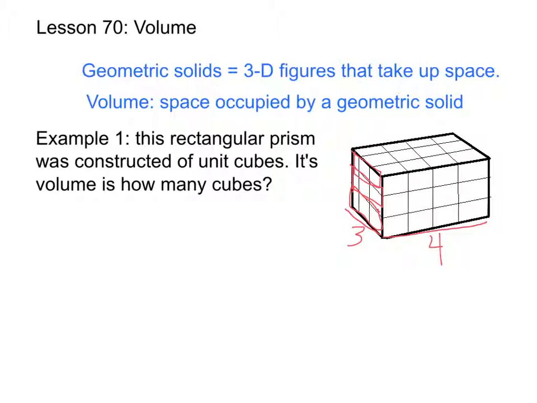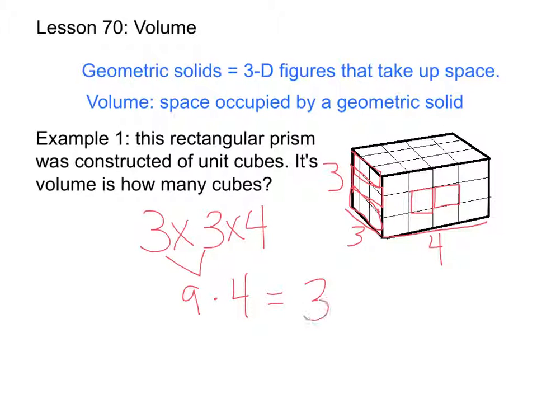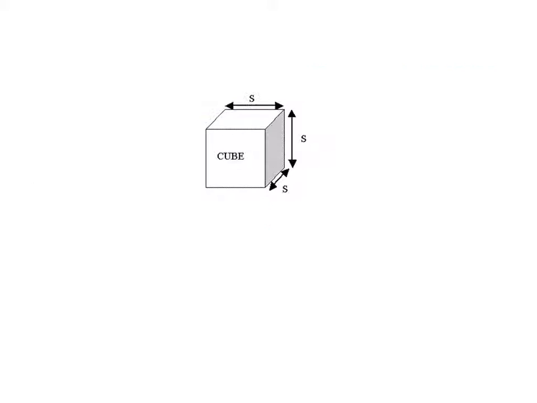So to find the volume of this cube, we would have to count as many of these little cubes as are in here. If we counted them all, we'd have 3 times 3 times 4, which is 9 times 4, 36 little tiny cubes in this rectangular prism.